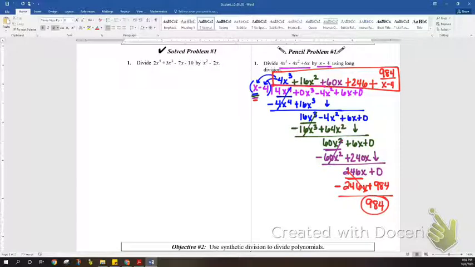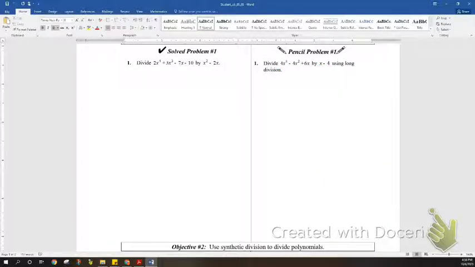So let's try looking at number 1 now. All right, so I'm going to clear that side so it doesn't look so messy. And with me writing big, I might go over a little bit. Okay, I can see that we're dividing by x squared minus 2x. It is in descending order of the exponents. I notice there's no constant, so I'm going to put a 0 there. So I'm going to have x squared minus 2x plus 0 on the outside.